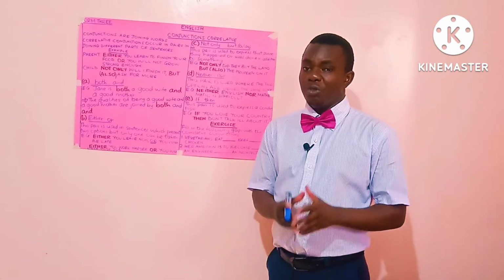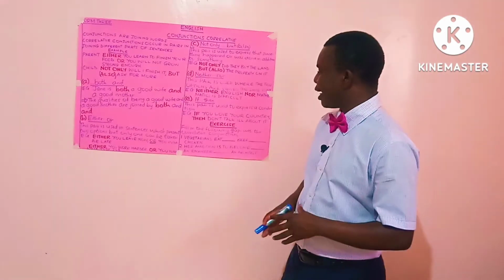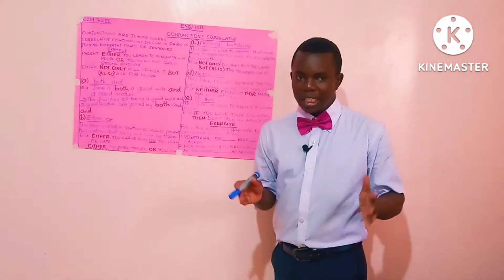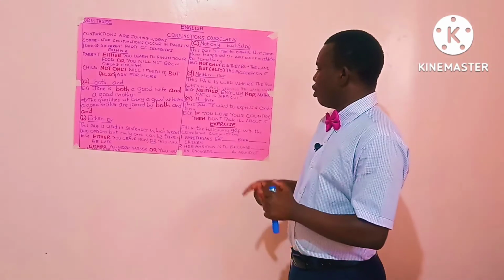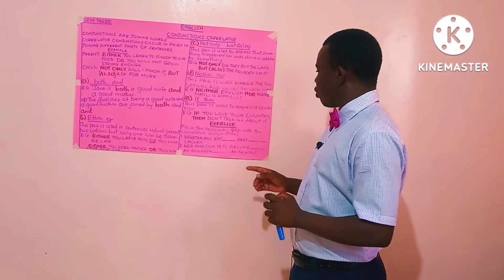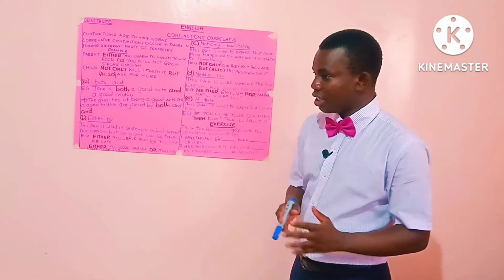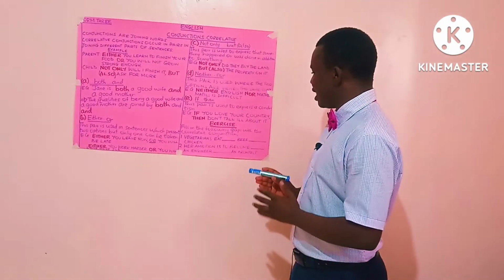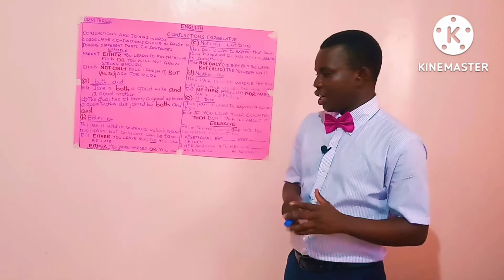Finally, before we come to the end of this session, let us look at an exercise and we see if we can handle them. So we are expected to fill the following gaps with correlative conjunctions. The first one, we are told vegetarians eat dash beef dash chicken.